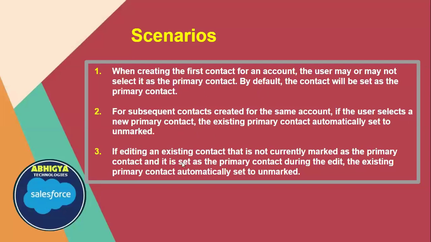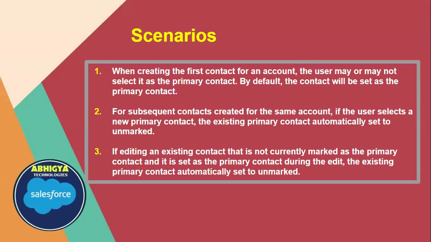And the third condition is when they are editing existing contacts. For example, an account contains three contacts, and they edit any one of the contacts, setting it as the primary contact. Then we can automatically unmark the previous primary contact.